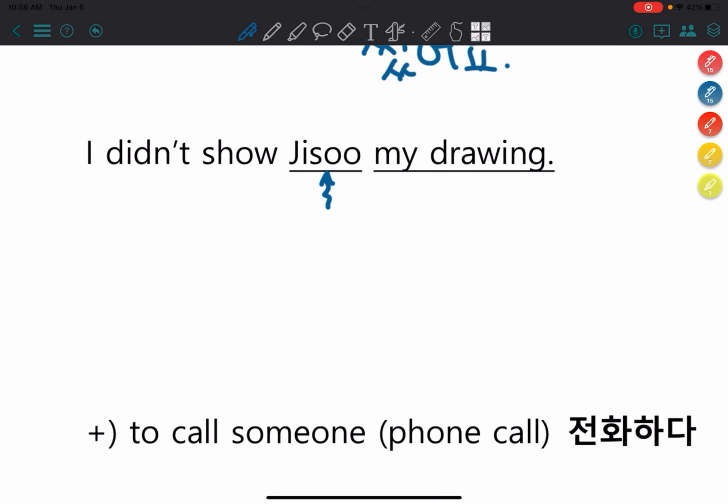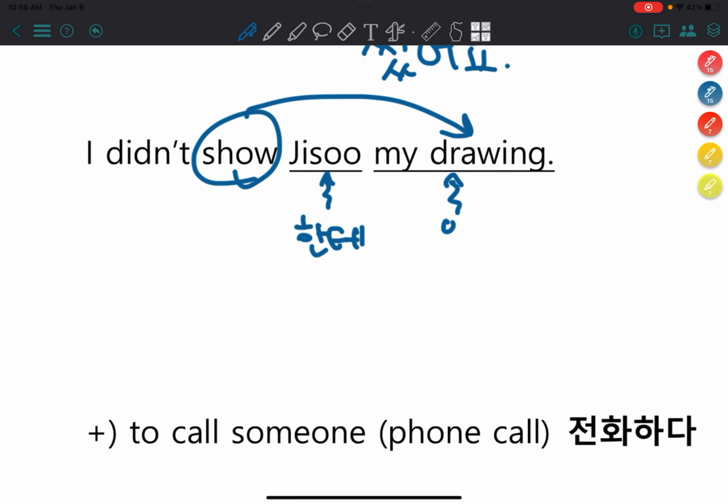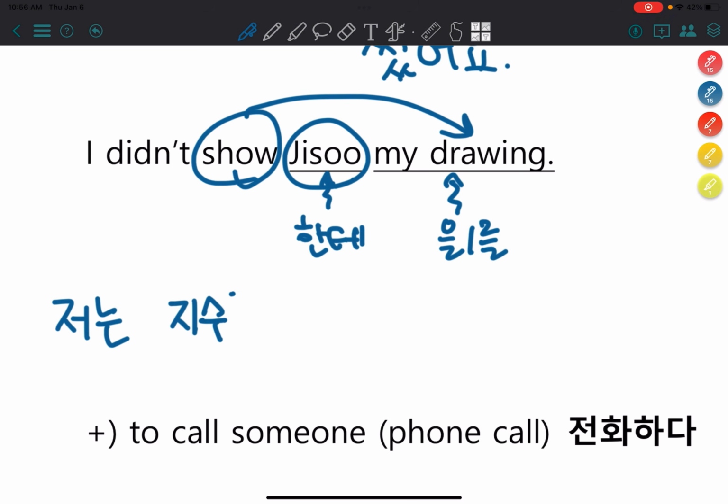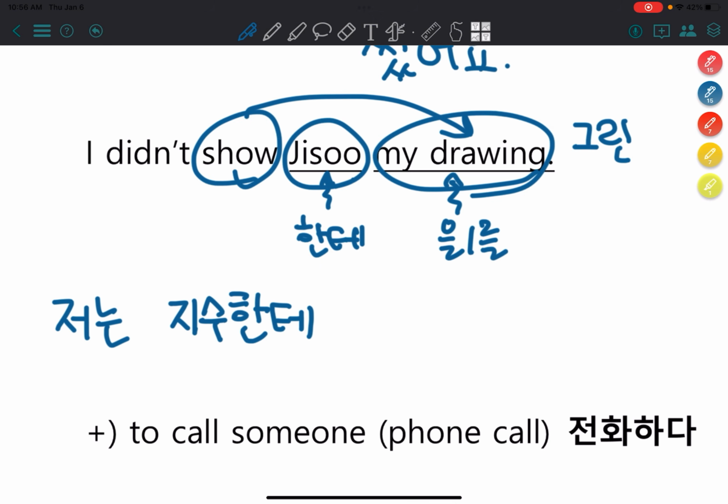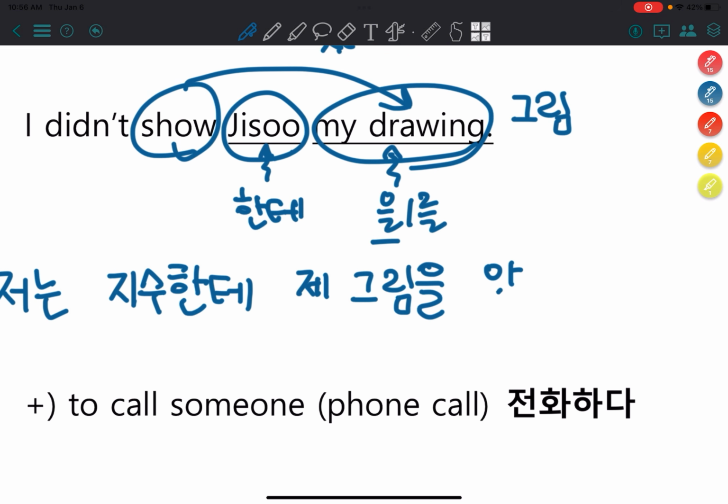For this sentence as well, you mark 지수, the receiver, with 한테, to 지수, and drawing, something that's directly shown, right, with object marker. So, 저는 I didn't show my drawing. So let's put 지수 first. 지수, 한테, to 지수. 제 drawing is 그림. 지수한테 제 그림 should be marked with 을. 그림을 I didn't show. 안 보여줬어요. You can say like this.